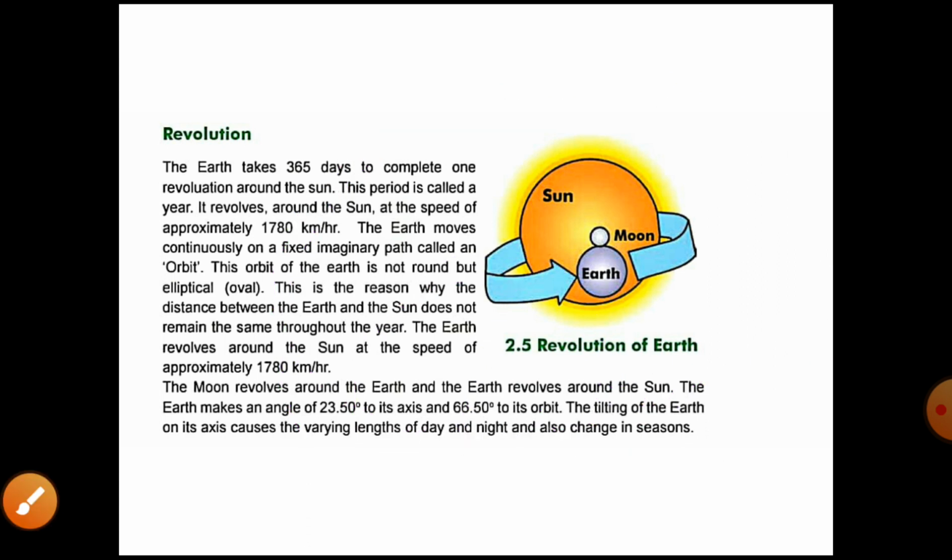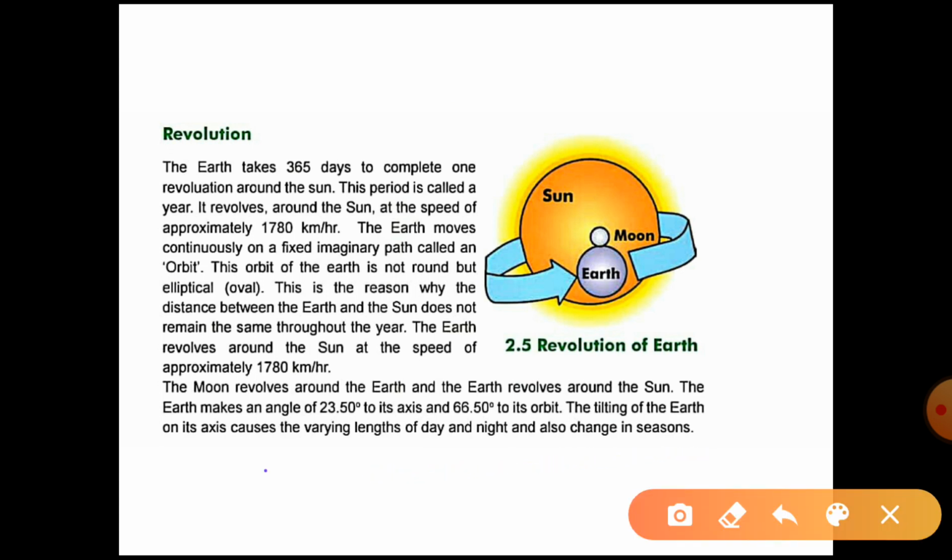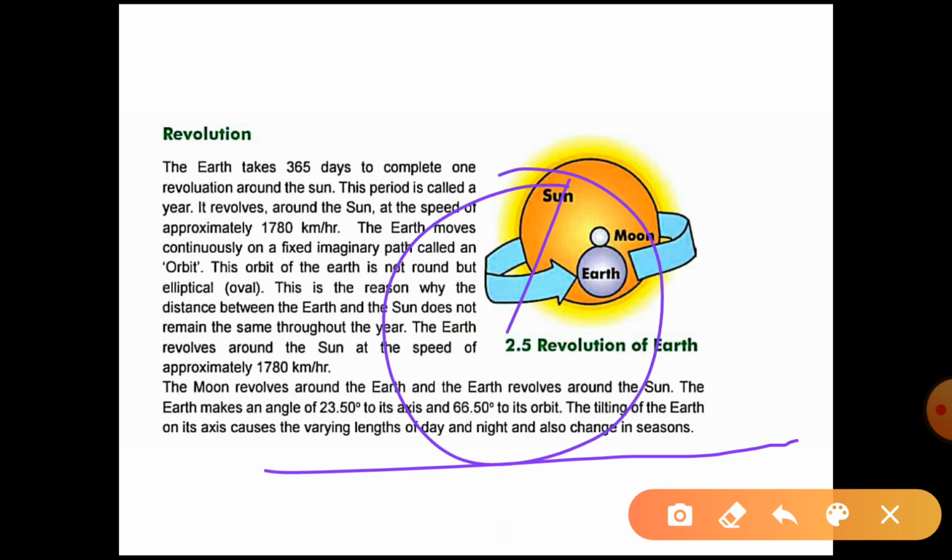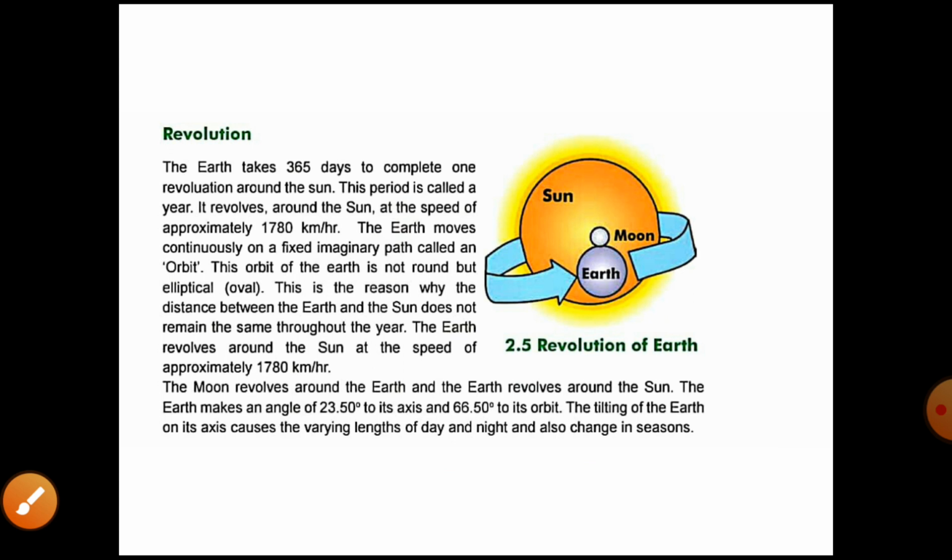Okay, the simple one, I will draw it here. This one is the orbit and this is the earth, this one is the earth's axis. Here it will make a 23.5 degree angle and here it will make a 66.5 degree angle. Okay, I hope you understand this one.